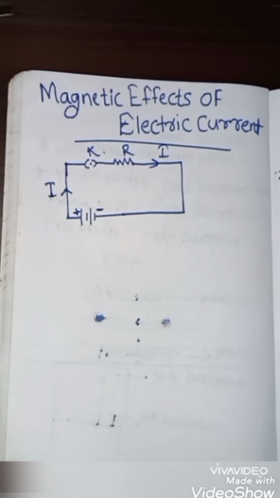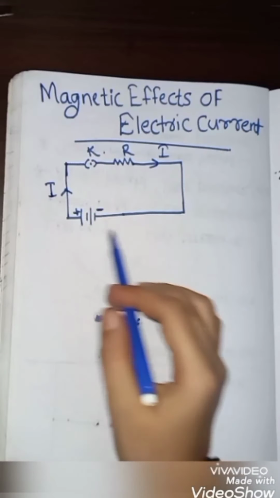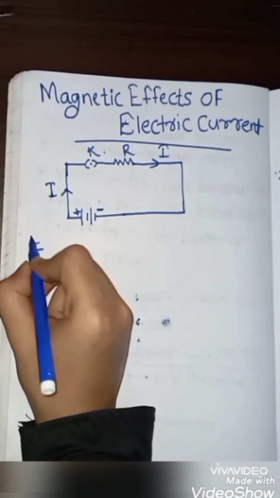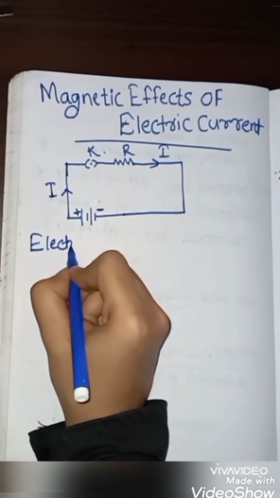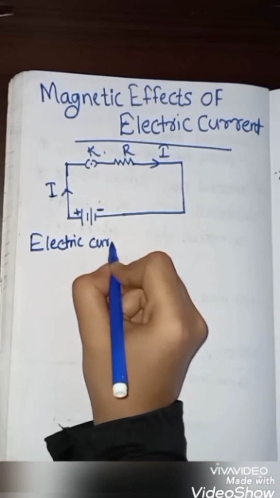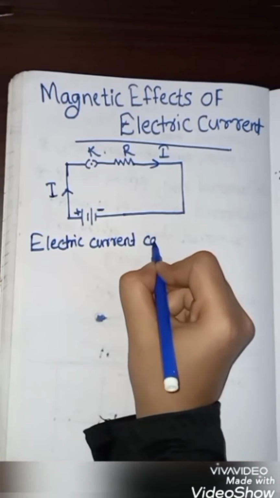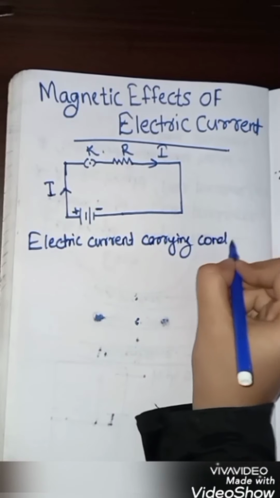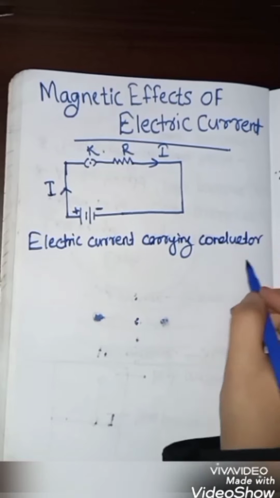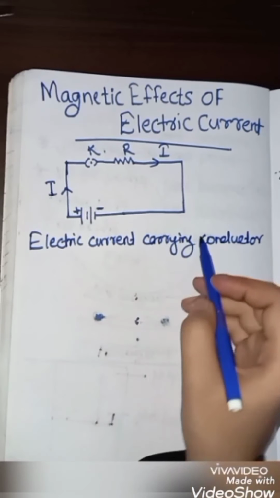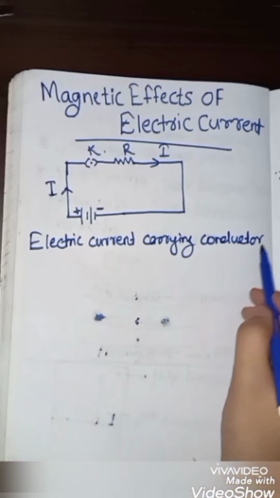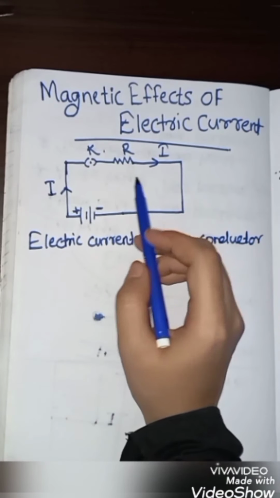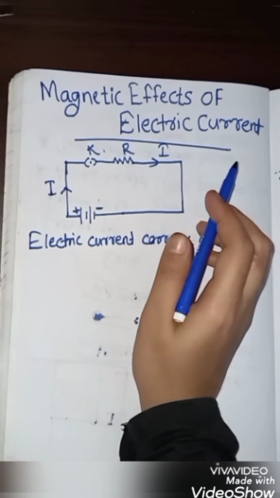Here this is also a conductor, so we can call it an electric current carrying conductor, because here it passes the current.